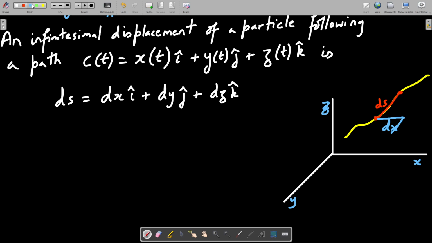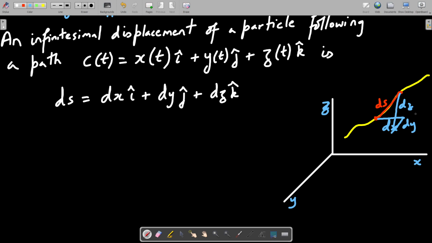Okay. Then I'll measure the change in the z direction, that will be dz. Okay, change in the x direction, change in the y direction, and change in the z direction.